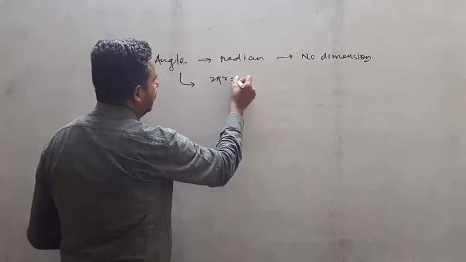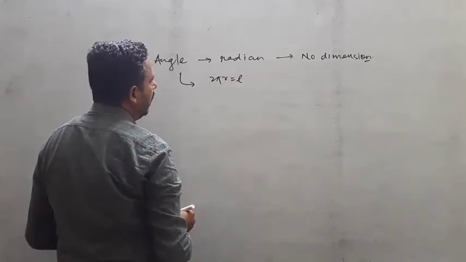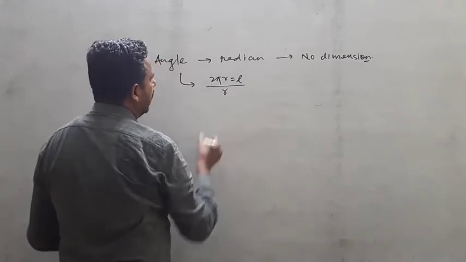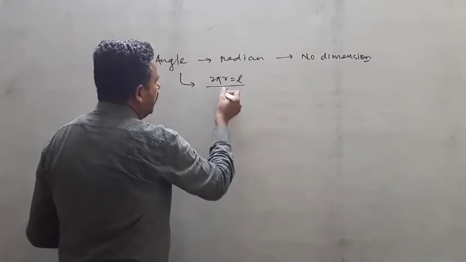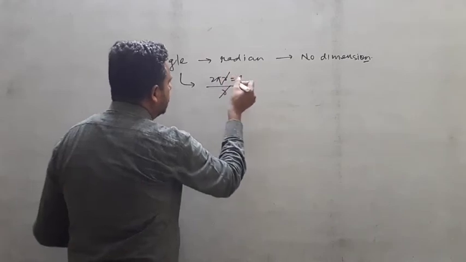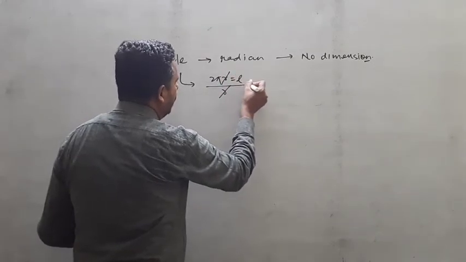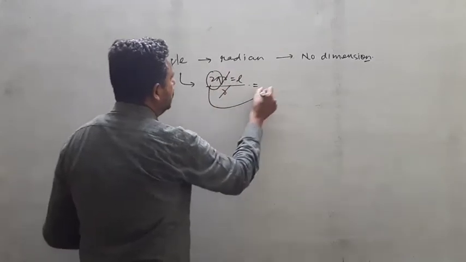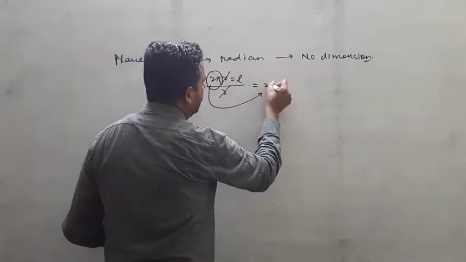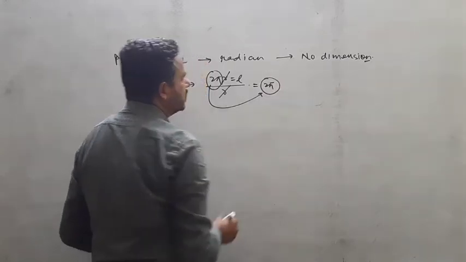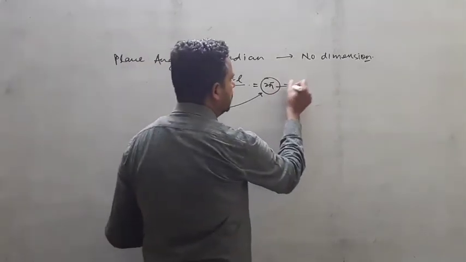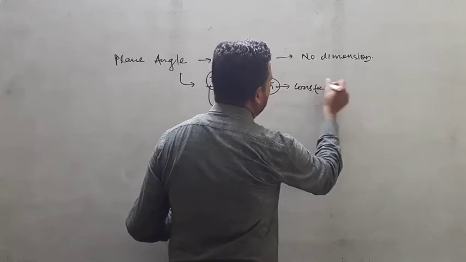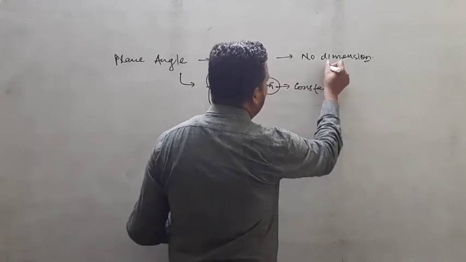Let it be L, and divided by the radius r, r and r will be cancelled. Therefore this is only 2 pi, which is a constant, and this constant has no dimensions.